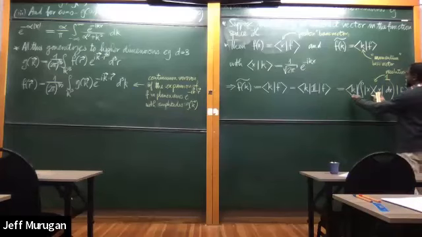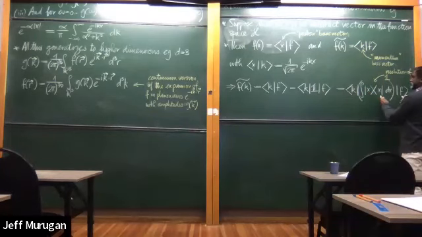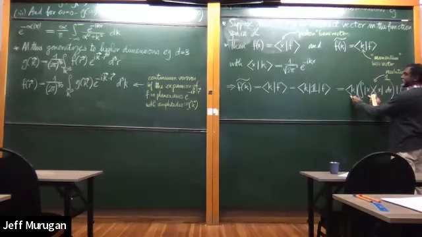And then I partner these two guys and I partner these two guys. This is going to give me f of x.